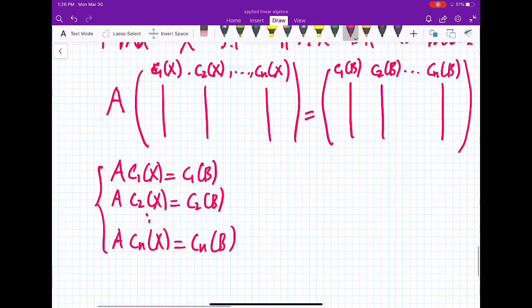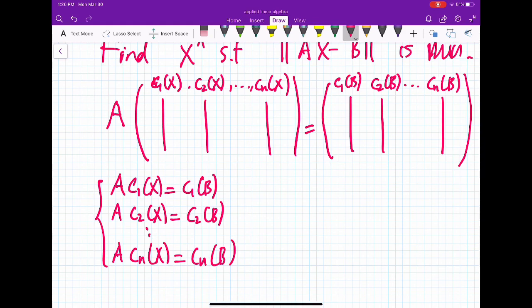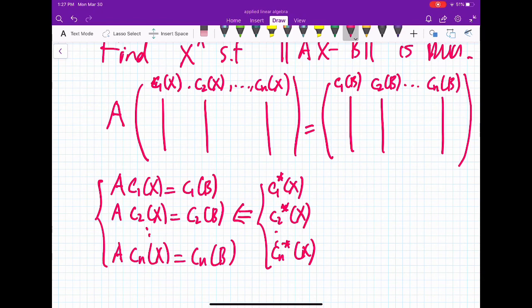So basically, you have n systems of linear equations. And in order to find the matrix X star, you just need to find C1 star X, the second column C2 star X, and so on, Cn star X, right? By solving n least squares problems.